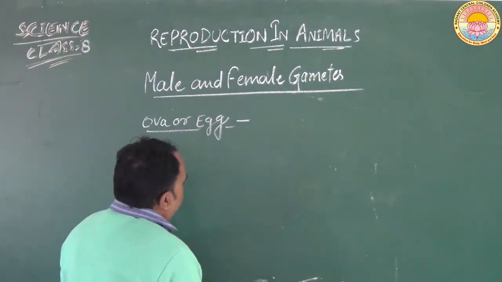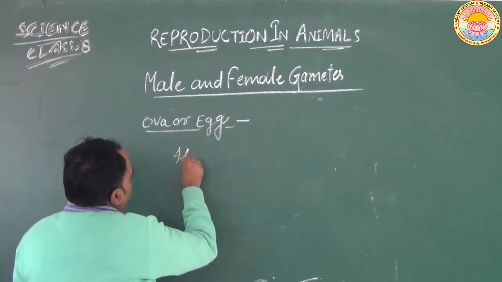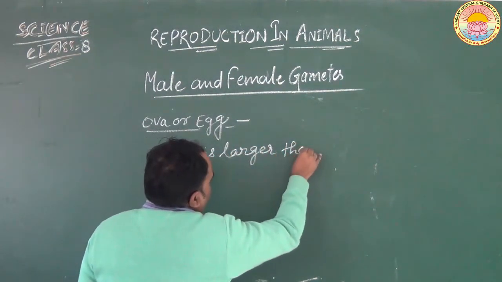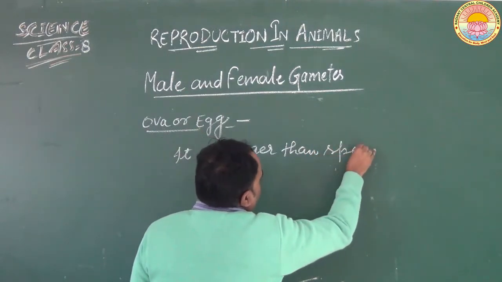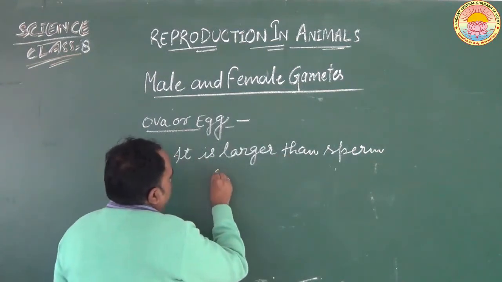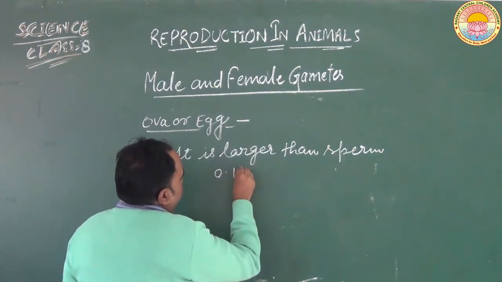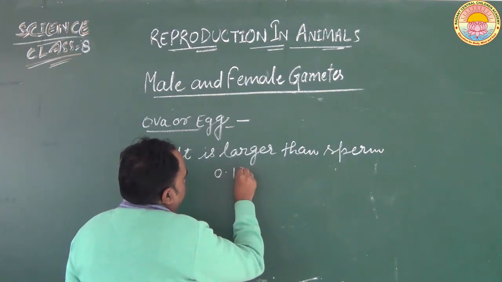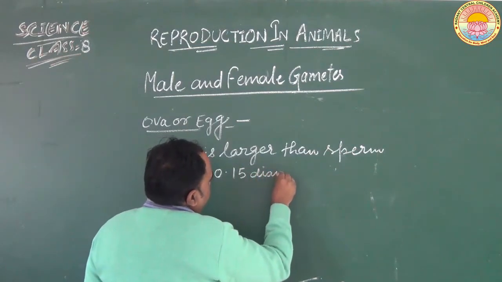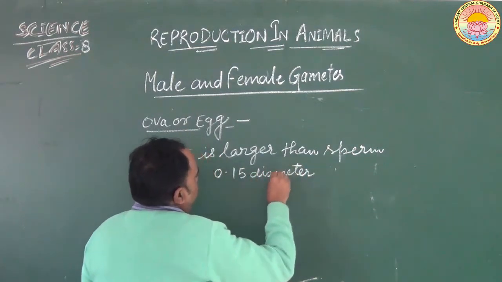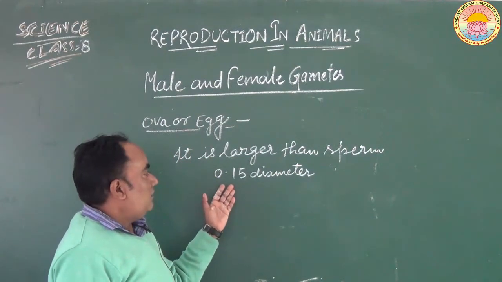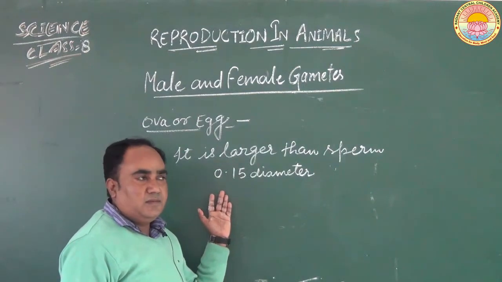It is also very small, but it is larger than the sperm, about 0.15 diameter. It means it is larger than the sperm, but it also cannot be seen with our eyes.